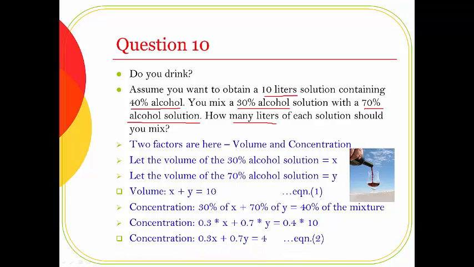So 30% is 0.3, and of means times, so 0.3 times X plus 0.7 times Y should give you 0.4 of the entire 10 liters. So we have 0.3x plus 0.7y equals 4, because 0.4 times 10 is 4. That gives you your equation 2.